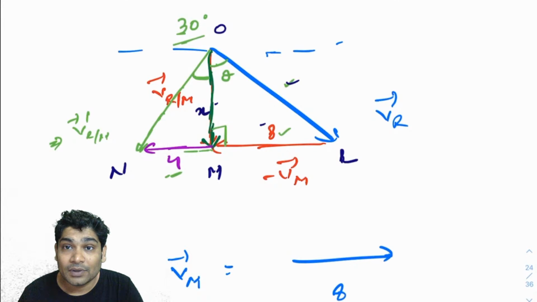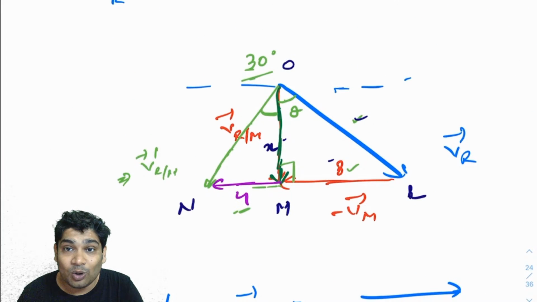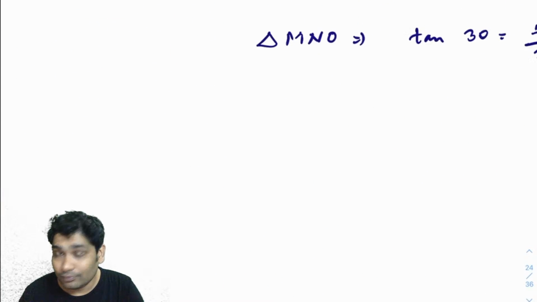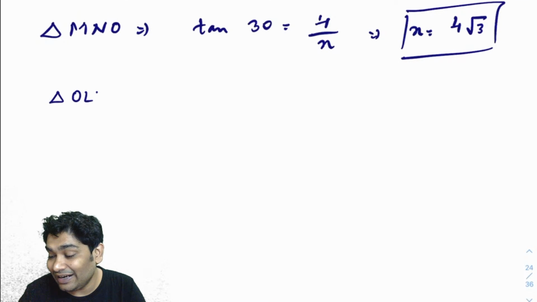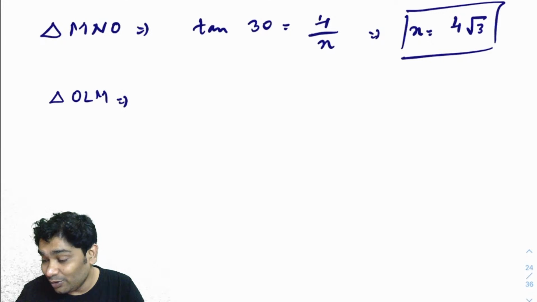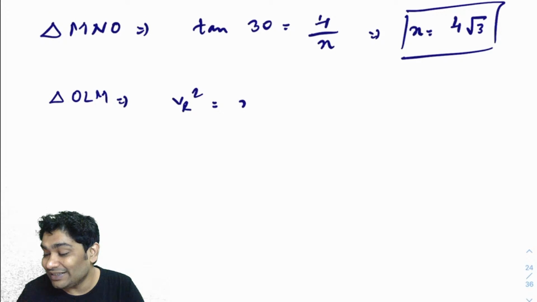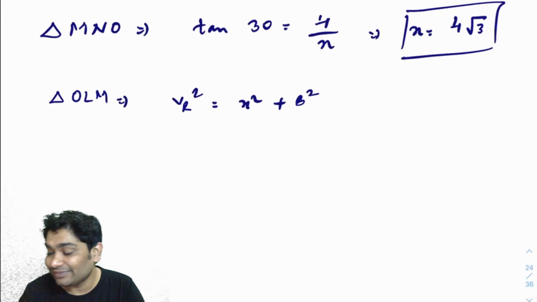So similarly in triangle OLM, what do you know? You know VR square equals x square plus 8 square.